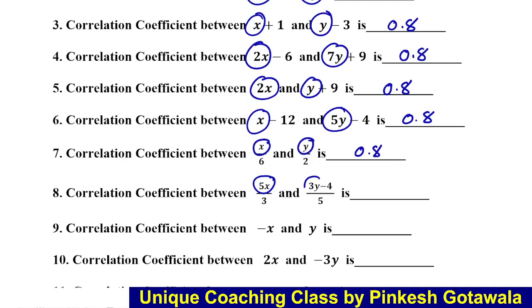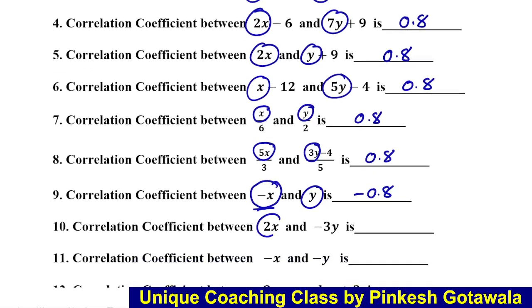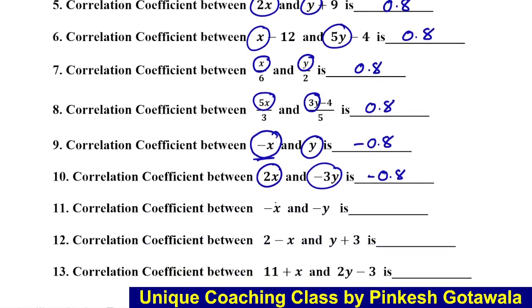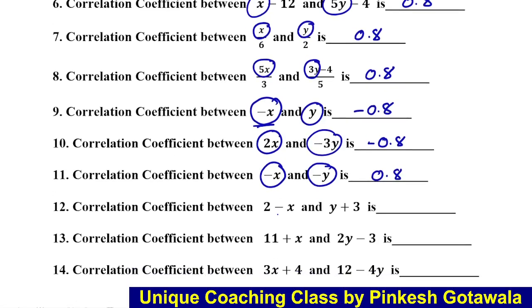Here 5x, here 3y, just focus on x and y, no change in the answer. Look here, minus x and y: here x becomes minus, so the sign changes, minus 0.8. This side 2x, but look, y becomes minus, so my sign changes. Here x becomes negative, y also becomes negative, minus minus plus, so no change, 0.8 as it is. Look here, 2 minus x.